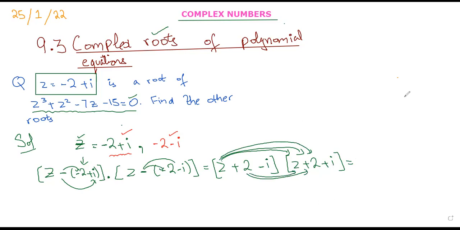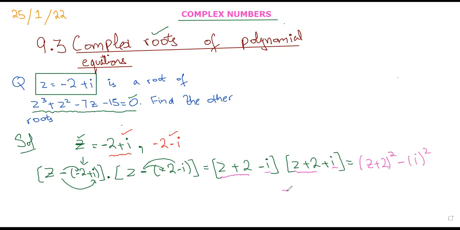Or you can think of it differently. Do you see a minus b and a plus b form here? If you think of this as a and think of this as b, you can write z plus 2 square minus iota square.